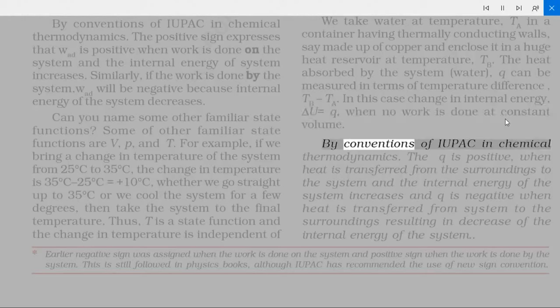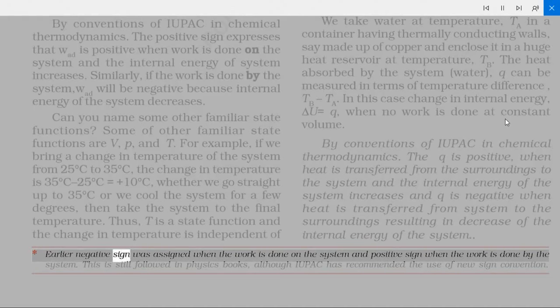By convention of IUPAC in chemical thermodynamics, the q is positive when heat is transferred from the surroundings to the system and the internal energy of the system increases, and q is negative when heat is transferred from system to the surroundings, resulting in decrease of the internal energy of the system.